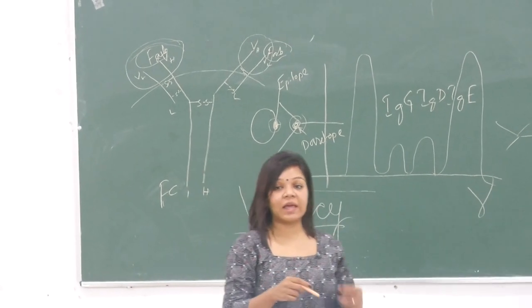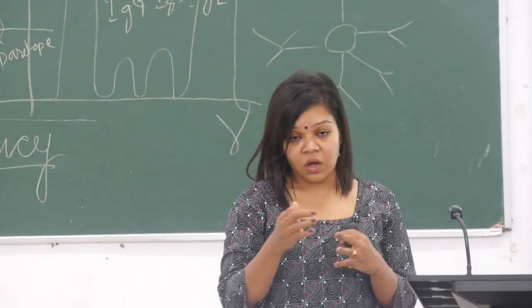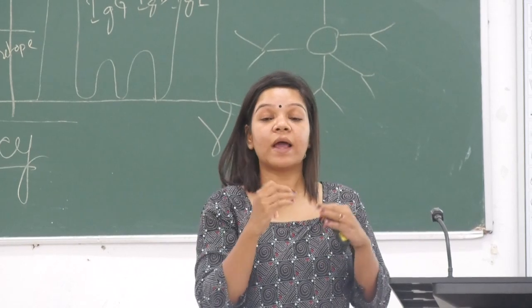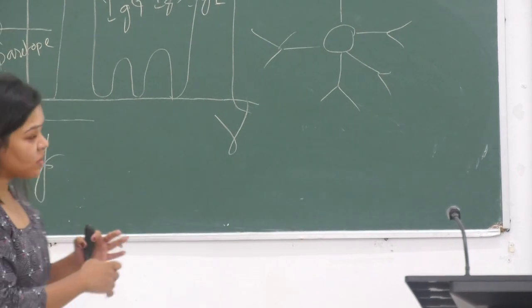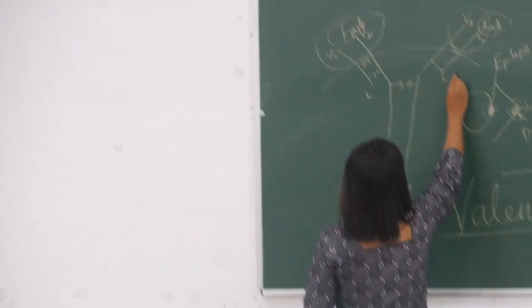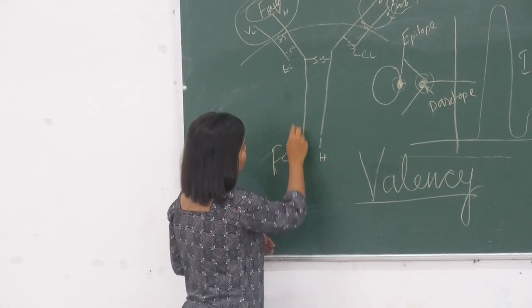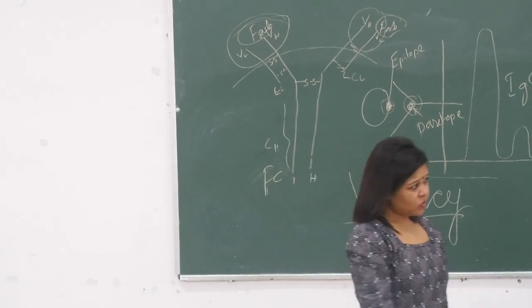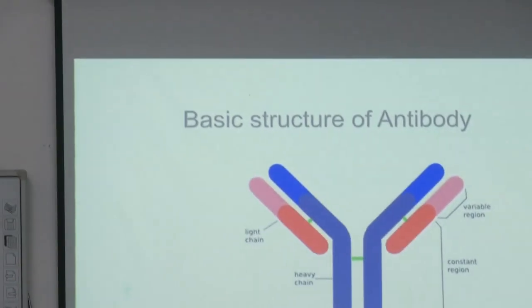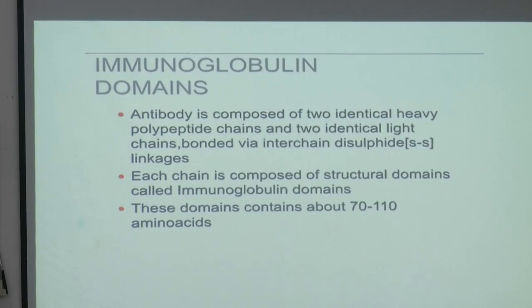By being variable, they can constantly change their molecular arrangements, so that according to the antigen they can adapt. In the exam, if you can draw this structure, it means you know about antibody.